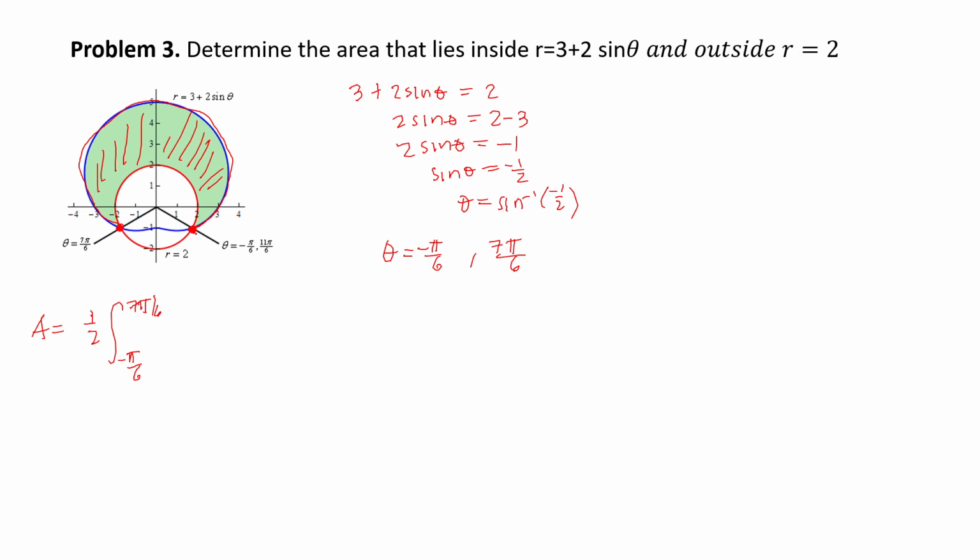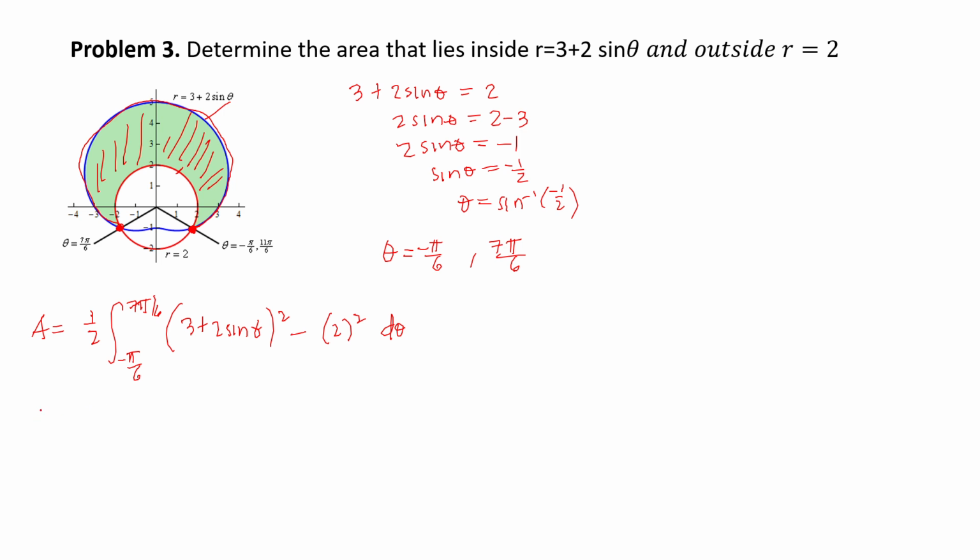Aside from this side, we also have the intersection here based on the illustration. So we need to graph to check. I graphed already so that it would be easy for me to illustrate, but during your work, you're going to graph. This one is the outer and this one is the inner. So outer is 3 plus 2 sine theta squared minus the inner 2 squared, then d theta.